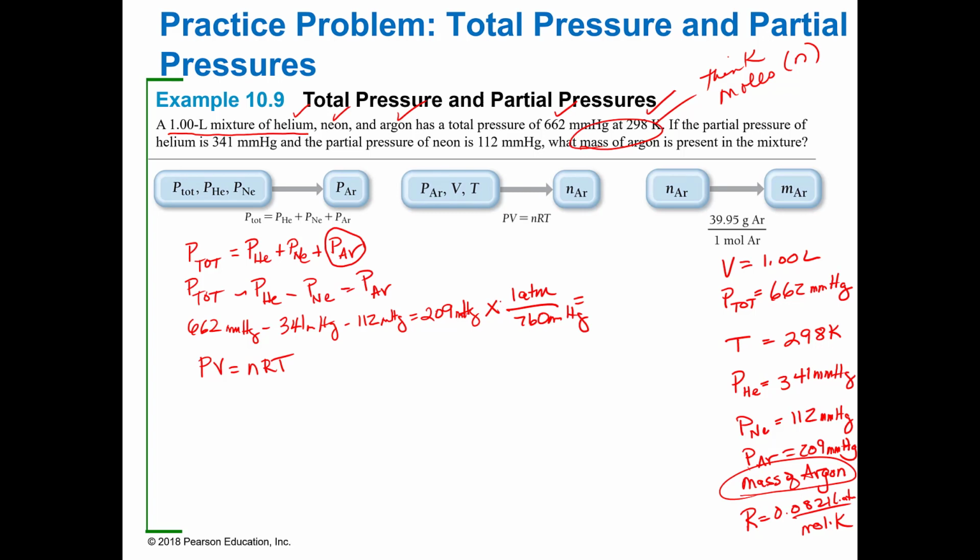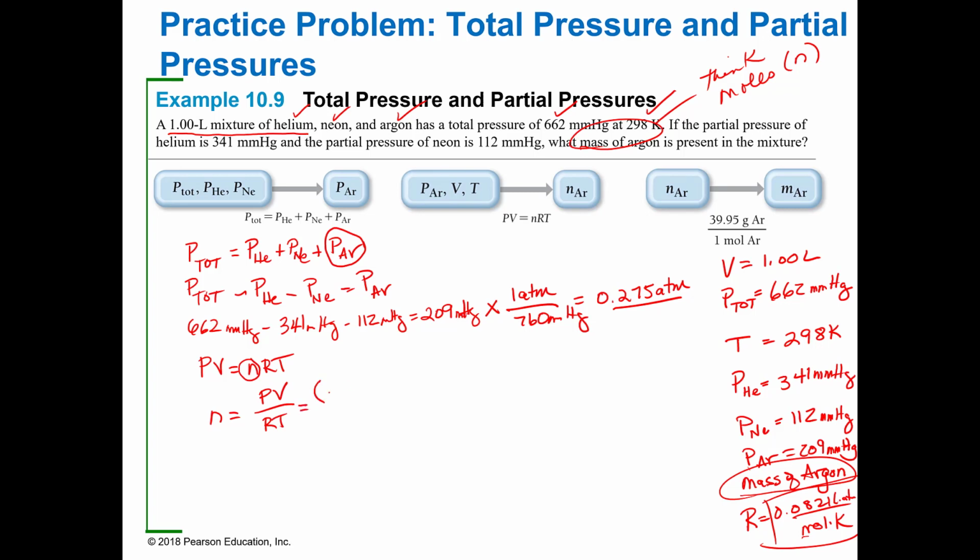Okay, and that would give me 0.275 atmospheres. Why do I do that? Because when I put it in here, they've got to be in the same units as R, remember. All right, I'm solving for n. So n equals PV over RT.